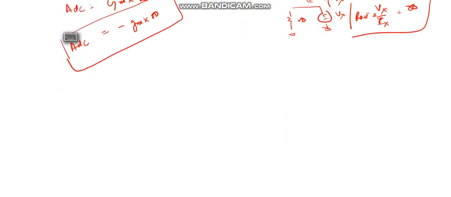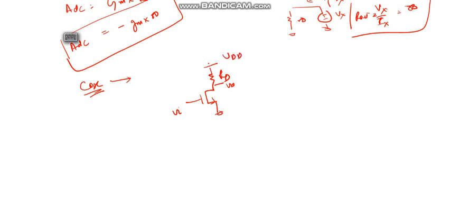Now suppose instead of a current source we consider the case where some RD resistance is there, and this is Vi, this is Vo, this is VDD.